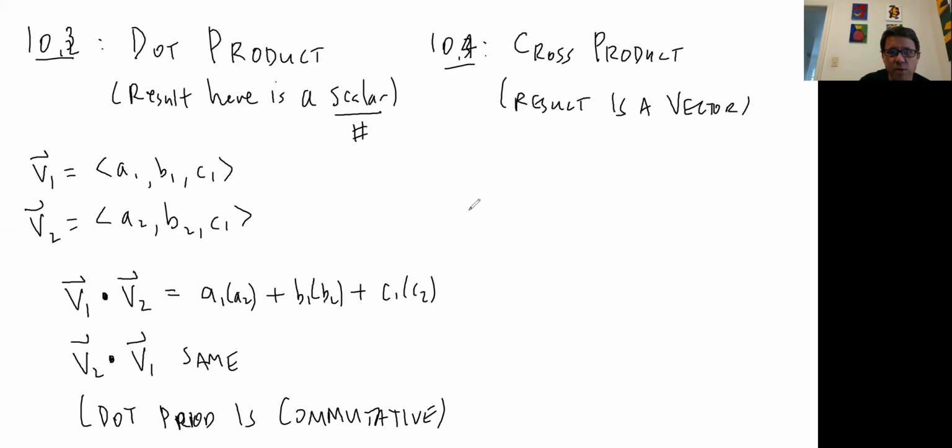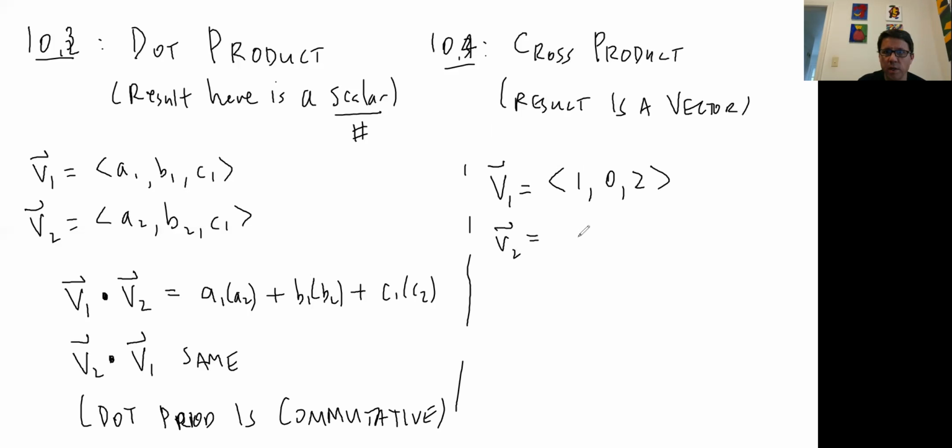So good. Let's try one with some numbers in it because I get carried away with symbols too much. So if V1 was 1, 0, 2, and V2 is, say, 3, 1, minus 1, then you can compute a couple of these dot products. In particular, we'll do the first one.